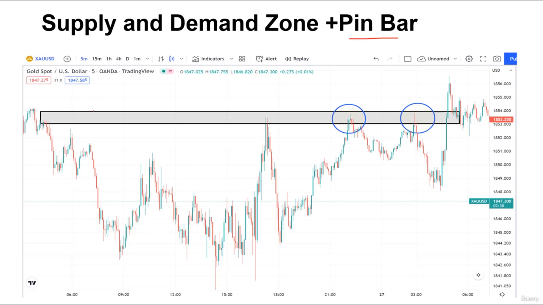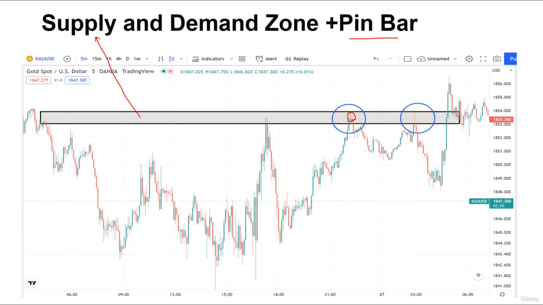The price reacted the first time, and the second time I just extended the zone like I did. After that, I look for places to sell because I know this zone acts as a supply zone. Now, I have seen this candle.